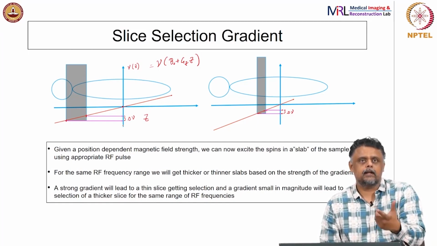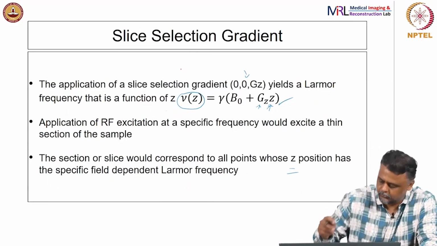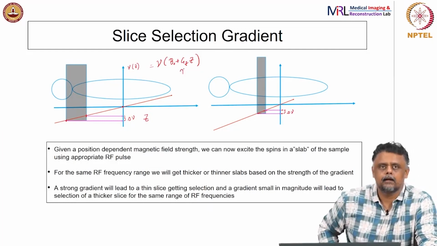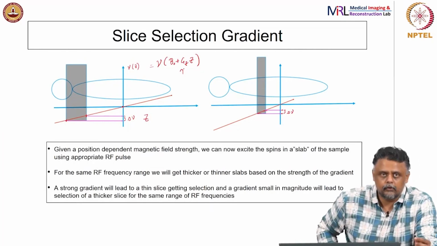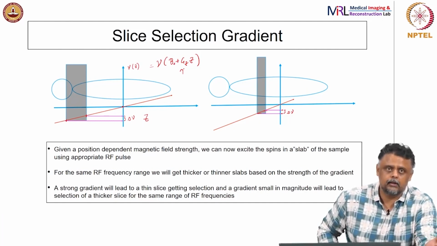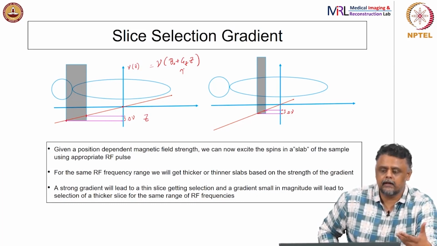That is what the gradient does, because if Gz is very large, let us say, it is a very large number, then if you move a very small distance along z, your precession frequency changes very fast.